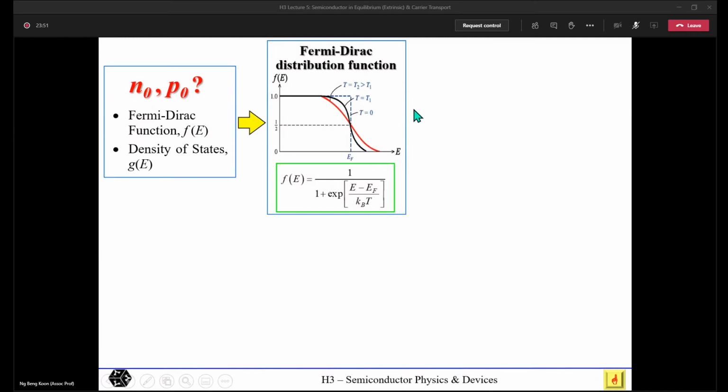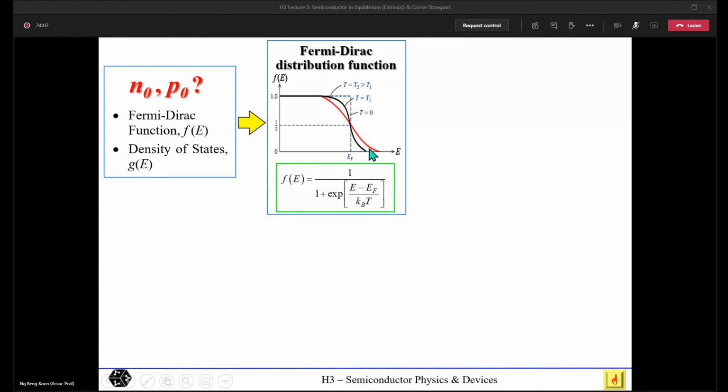If you now add some temperature to the electron system, the Fermi Dirac distribution function starts to take on a gradual change in gradient at EF. It's no longer a step function.